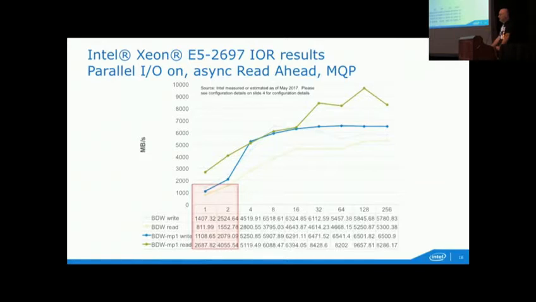The next slide shows the impact of multiple connections, which I turned on for this measurement. And this provides a significant performance increase for read operations, especially for many threads.